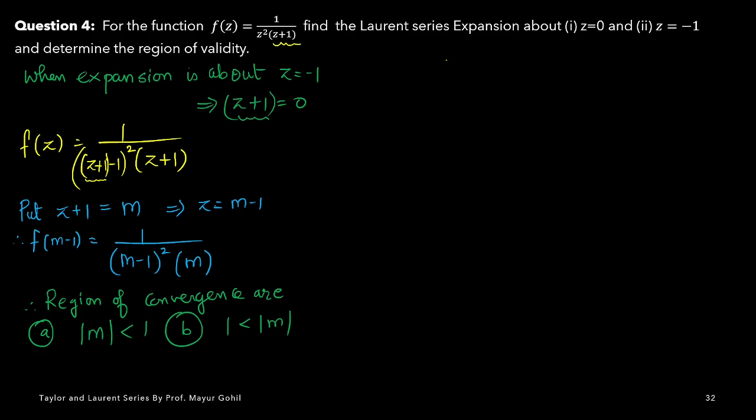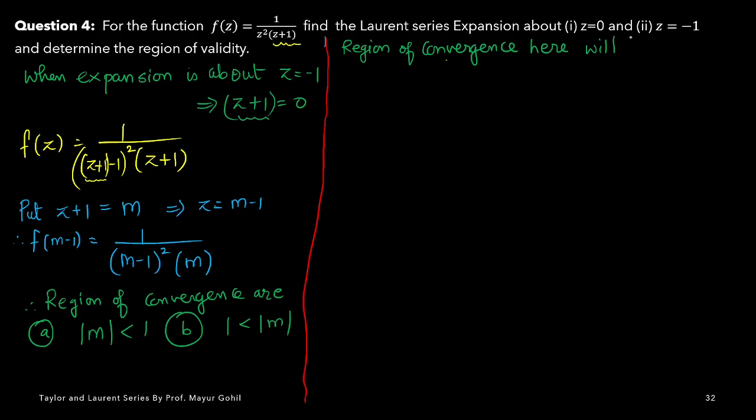So let us see now, because we are writing in terms of m, what happens to our original series that is now in the blue color? So the region of convergence here will be: now see, we got m, right? So m is nothing but z plus 1.